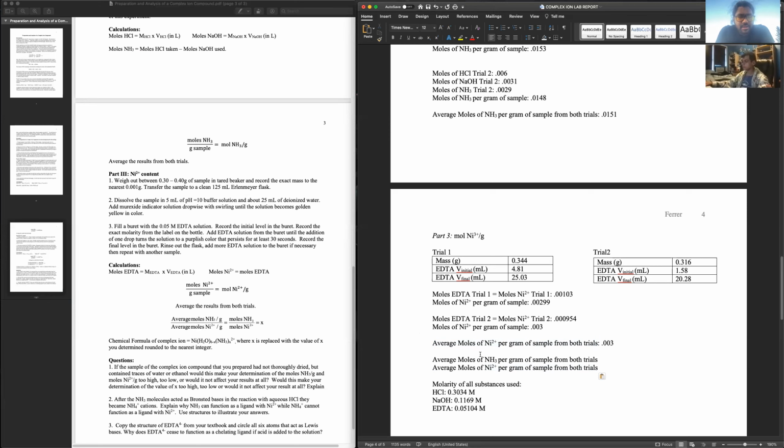So we take the average from both, right? Oh, I see what you're doing. So yeah, I guess you could do it that way. We're basically finding the mole ratio so we can figure out the chemical formula of the complex, if that makes sense. Okay.